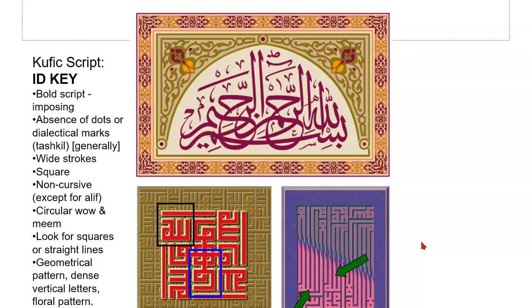The statement reads La here, Allah in green, and Muhammad in red: La ilaha illallah Muhammad Rasulullah. Okay, and if you turn it upside down, you'll see the same pattern. So again, the idea is bold letters, wide strokes, and imposing. That tends to be Kufic calligraphy.